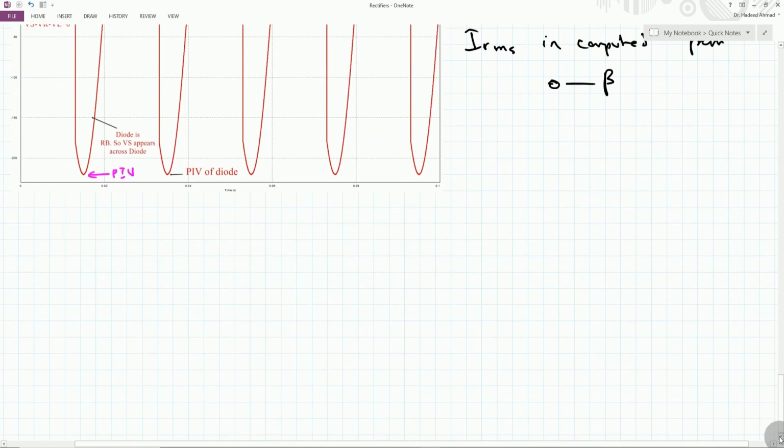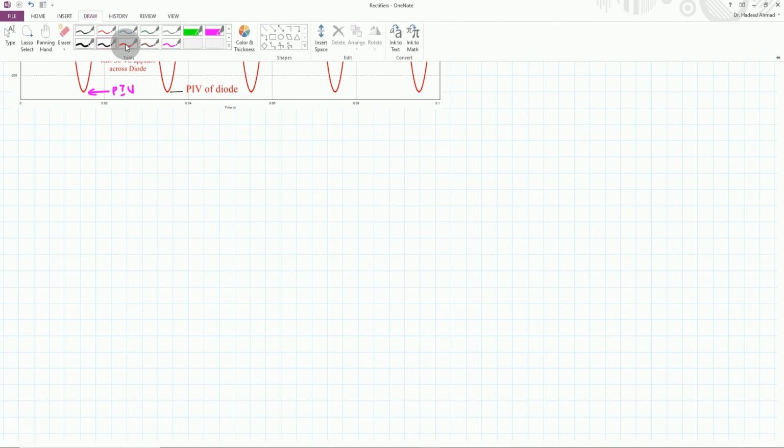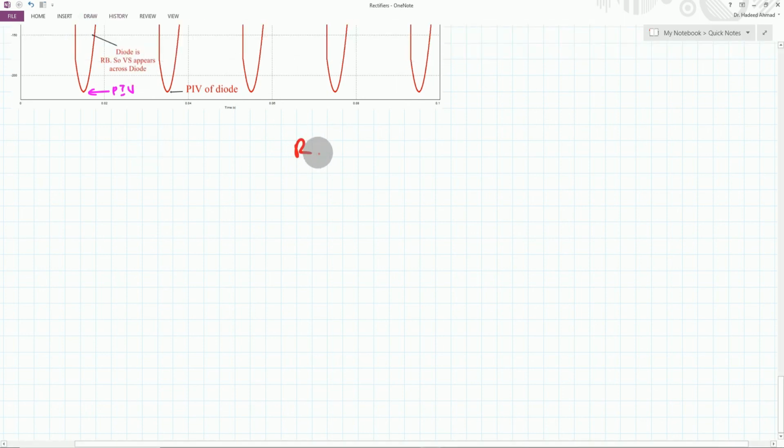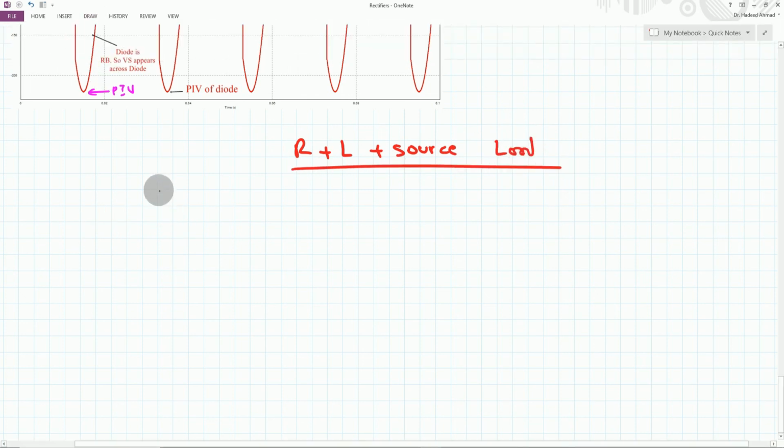Having said that, let us have another variation in the load and say that we have this R plus L plus source load. Now this is another variation in the loading condition.